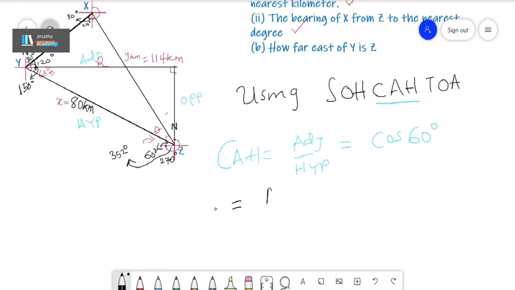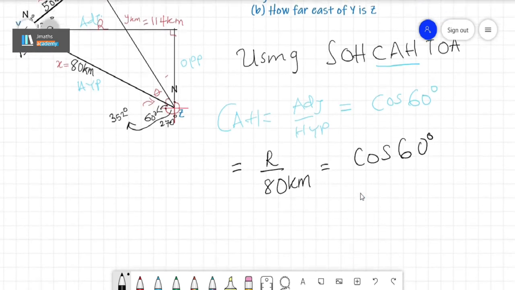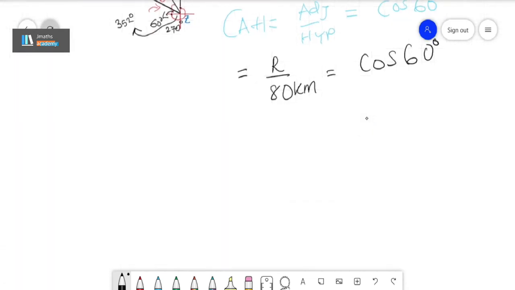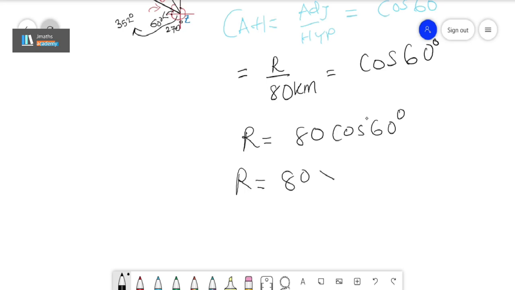So we have our adjacent to be r, in which we are looking for the distance we are looking for, our hypotenuse to be 80 kilometers, equal to cos 60 degrees. So we have our r to be equal to 80 cos 60 degrees. So our r is equal to 80 times 0.5.